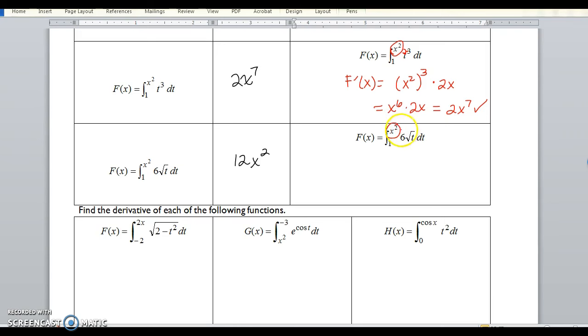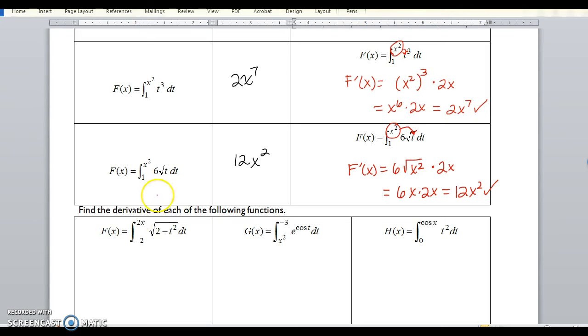Take the x squared, plug it in for t. So F prime of x is 6 square root of x squared, and then multiply by the derivative of x squared, which is 2x. So this just gives us 6x times 2x, which is 12x squared. That checks out.